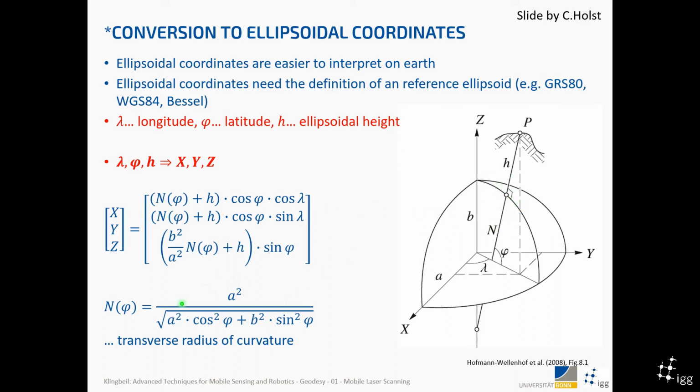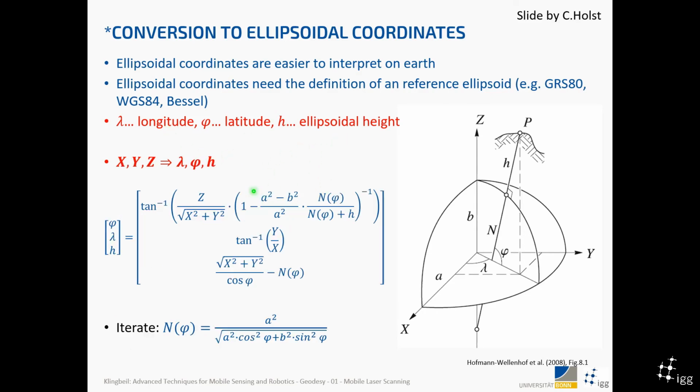And there are ellipsoid parameters a and b, which are then influencing this N. So a different ellipsoid means different coordinates. So if you have longitude, latitude, height information, it's very important to know which ellipsoid has actually been used when calculating these parameters, right? And this is not necessary for x, y, z. This is one of the advantages of x, y, z.